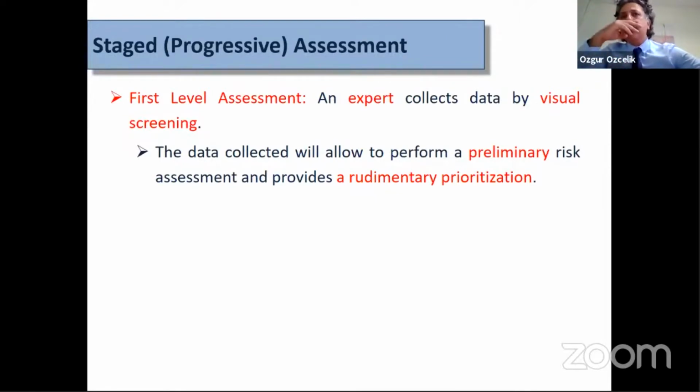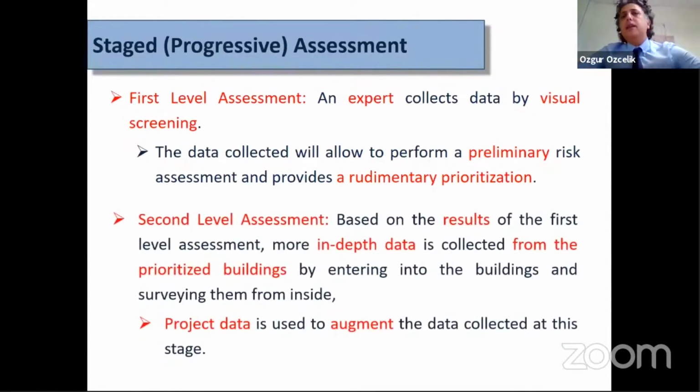The data collected will allow a preliminary risk assessment and provide a rudimentary prioritization. Then, once you have this rudimentary prioritization, you can apply second level assessment to those which are labeled riskier within the first level assessment.